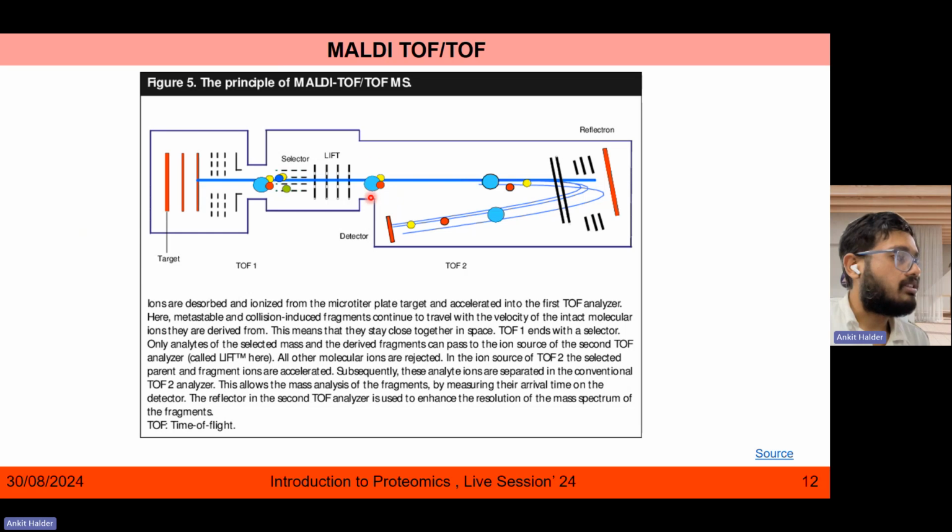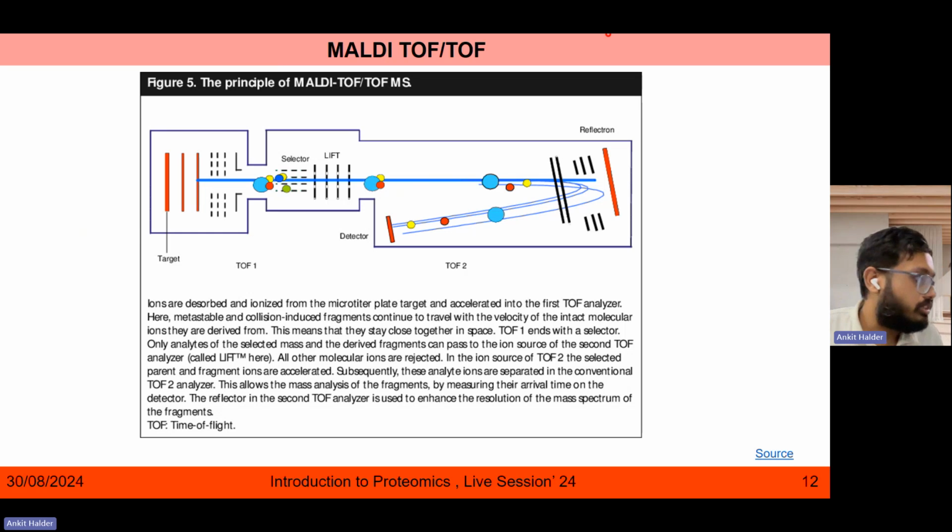Then you are separating them in the second TOF spectrometer, and this is how it goes. Only the selector plays a role, where you are selecting those particular ions.